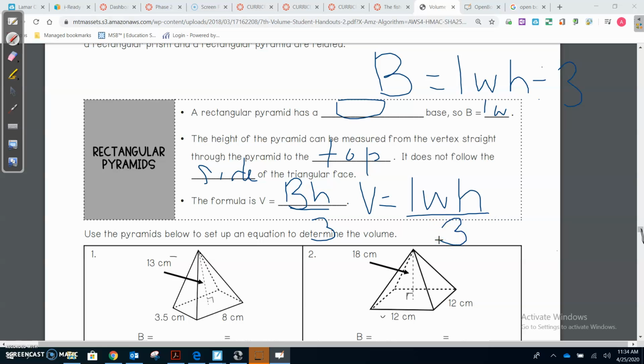We're going to have some practice, and I have my calculator handy on my phone. I cannot figure out how to work it with all this stuff on my computer, so you're just going to have to believe me or get your calculator out and do it with me. Okay, so let's go over these examples.